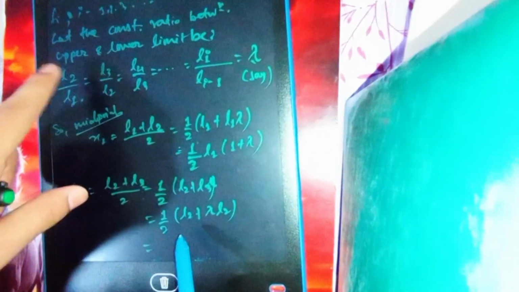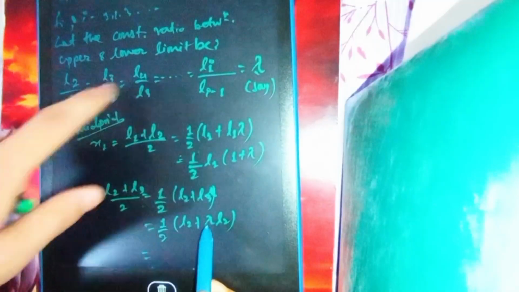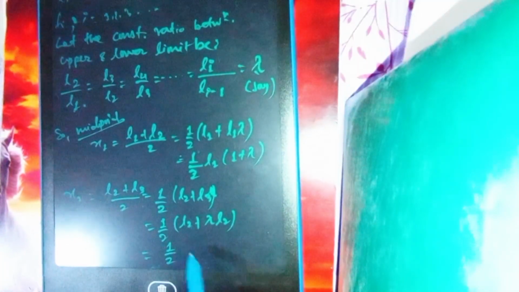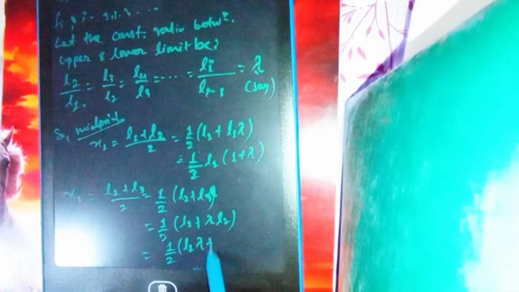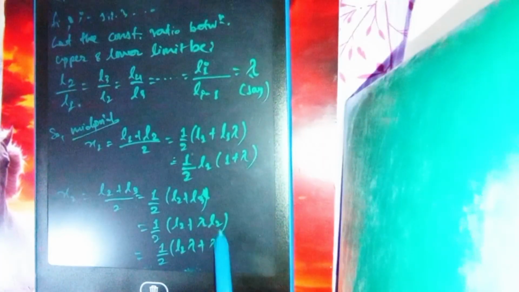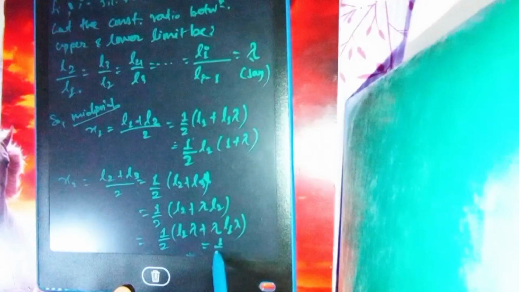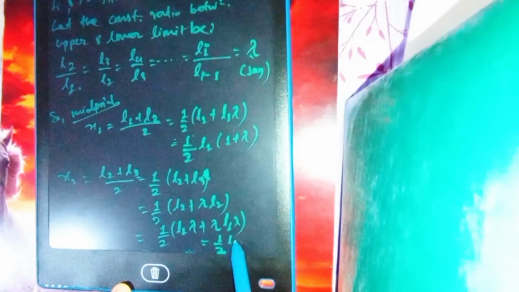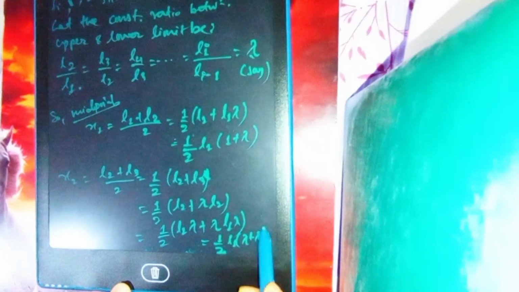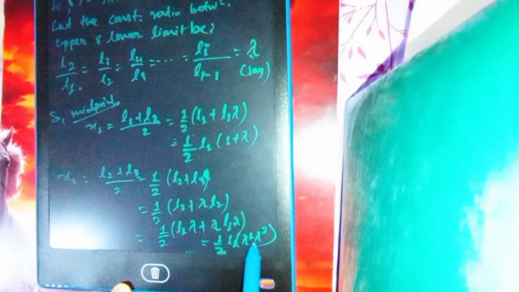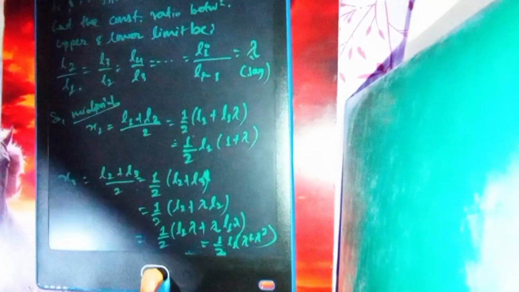Again, L2 means L1 times lambda. So we put this: L2 is L1 times lambda, plus lambda times lambda. So it will be equal to 1 by 2 L1, which is common, times lambda plus lambda square.